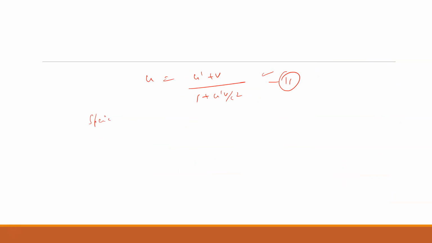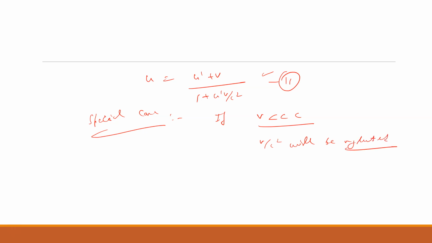Now, what is the special case? The special case is if v is much less than c. Then v by c square will be neglected, so this term becomes 0. Then u equals u dash plus v.